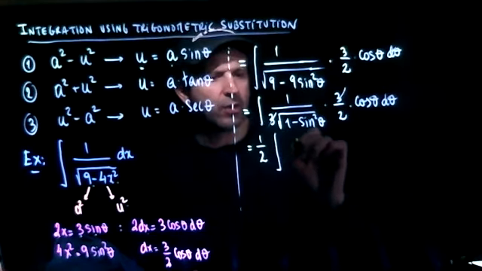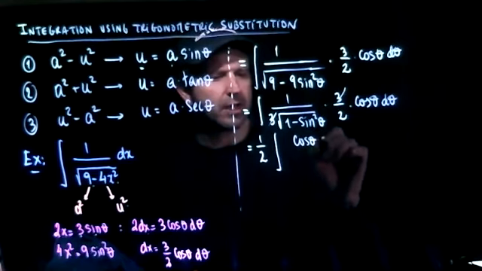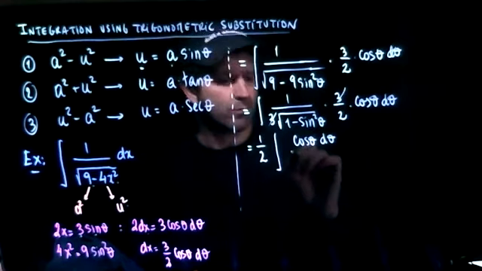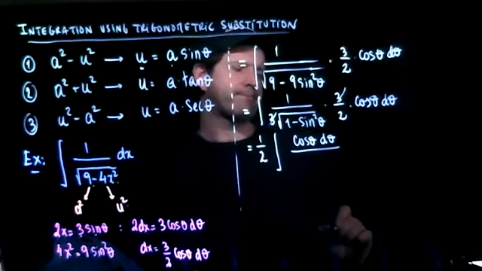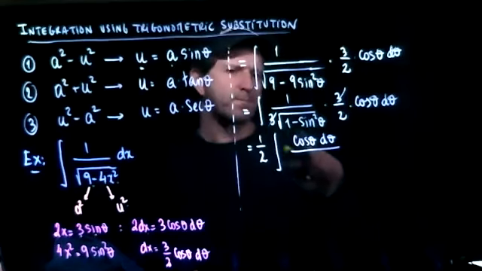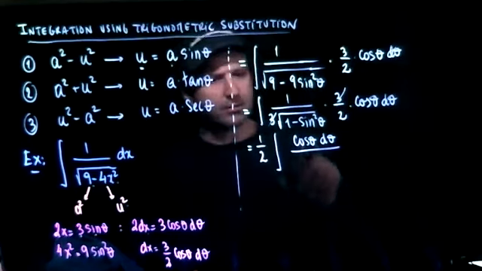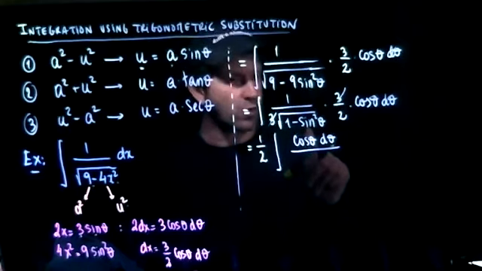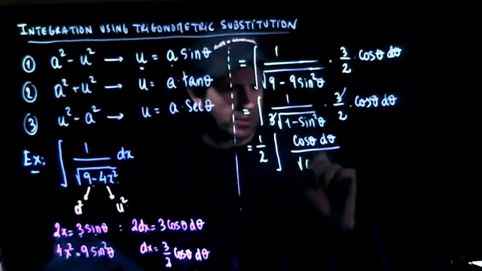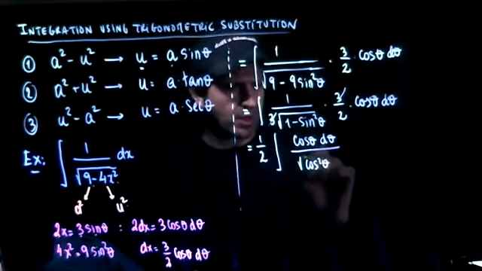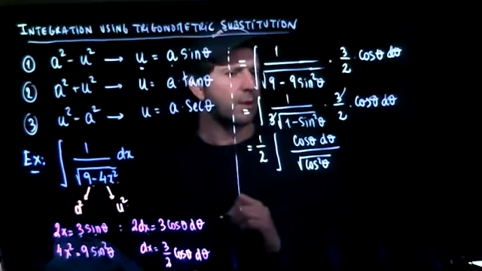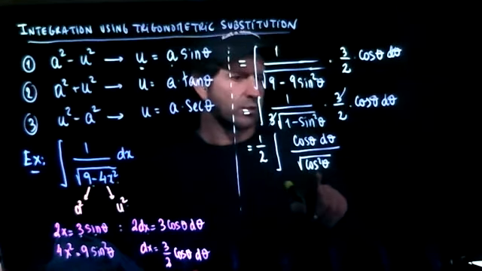Okay, and so on top I have cos theta d theta, and on the bottom, what do I have? Also cos theta. Very nice, right? Because 1 minus sine squared is cos squared. So I'll do one step here, an extra step. So cos squared theta, right? Because 1 minus sine squared is cos squared, and the square root of cos squared is cos.